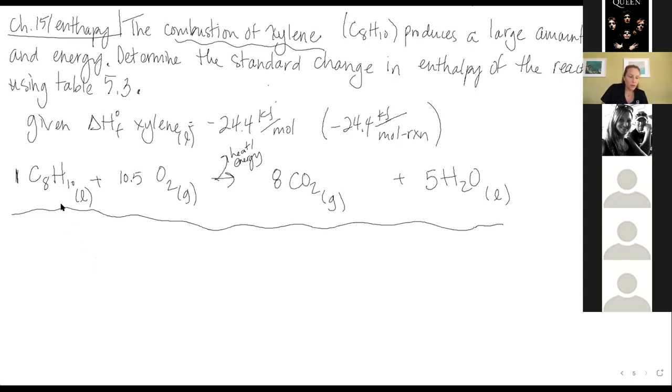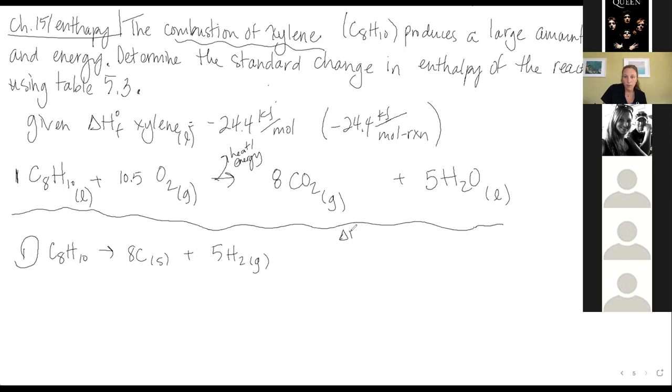On the exam, I also am giving you these basic enthalpy of formation equations, even though you could look them up from the table and you could probably come up with them yourself. So the first one that's given is the enthalpy of formation of xylene, from 8 carbons as a solid plus 5 hydrogens as a gas.